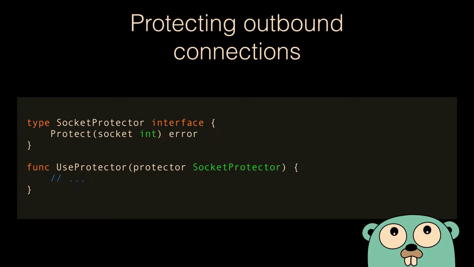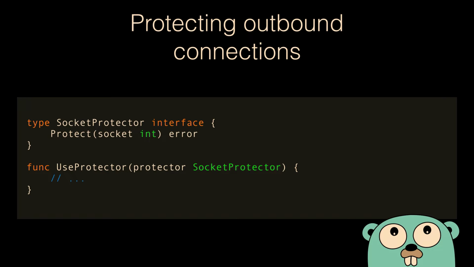This is part of the Go code, the part in which we were designing how we are going to use the protect call. We created an interface with a protect method that expected a file descriptor number. And we also had a helper function, use protector.